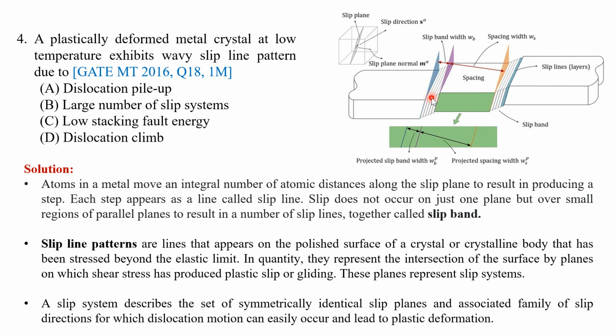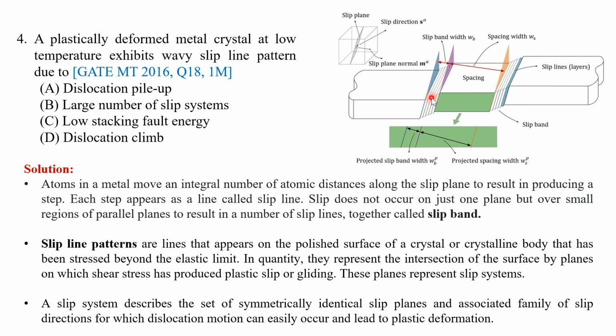Whenever a dislocation occurs in a material, slip lines will be produced, and these slip lines will form a wavy, line-like pattern. Why do we see these patterns? As I already mentioned, there are a large number of slip systems inside the material, and for different values of critical shear stress, these dislocations start moving, or slip is initiated, back to back, and the atoms move integral numbers of lattice distances.